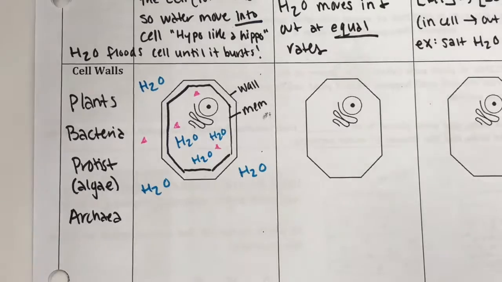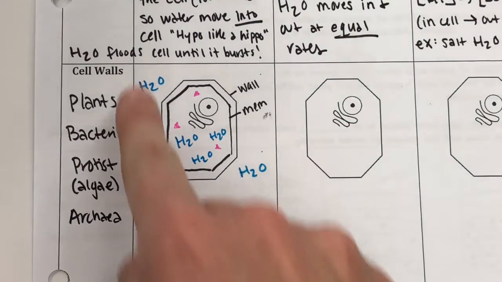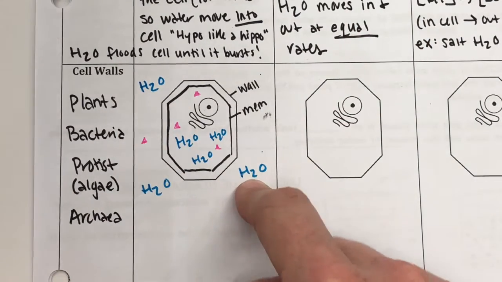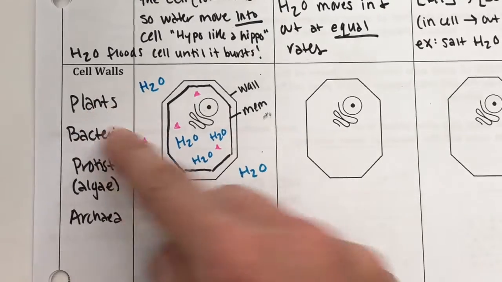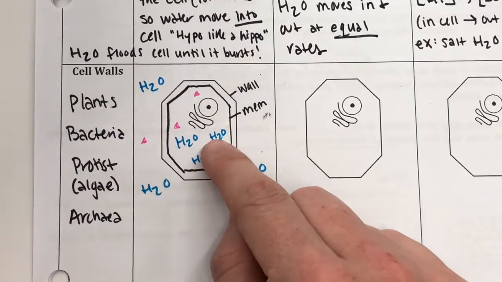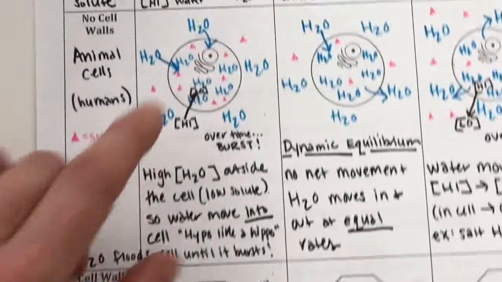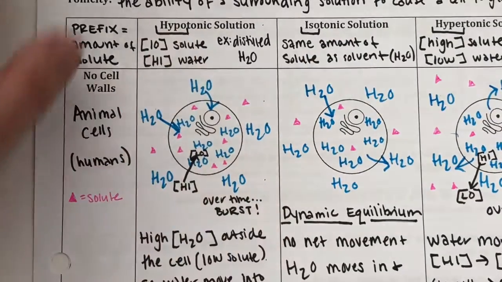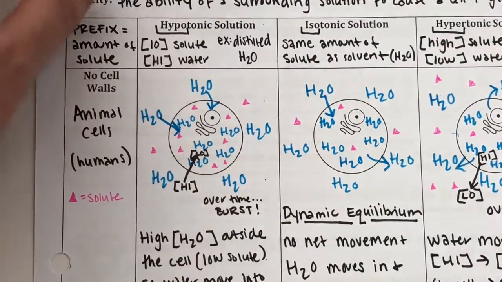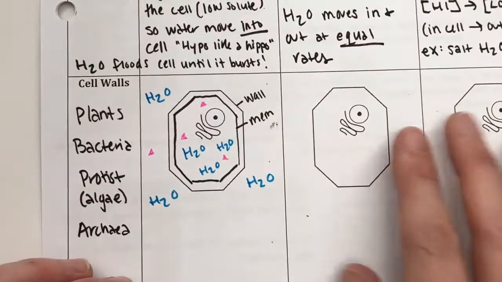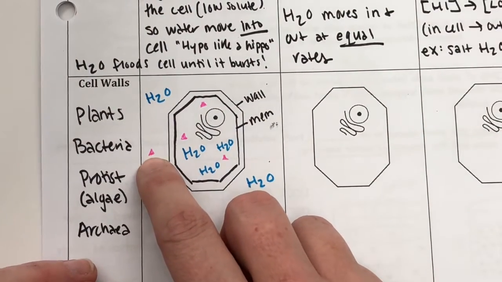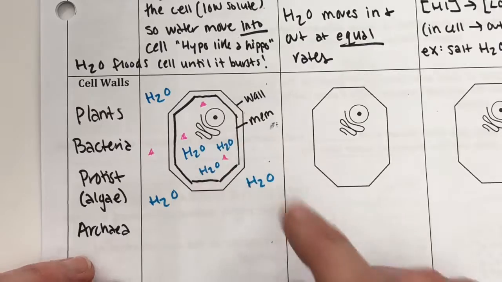And so, just to recap, what I drew are 3 water molecules on the outside of the cell. We'll just go ahead and call this a plant cell. We drew 3 waters inside. However, this is a hypotonic solution, so there's low solute in the solution that's surrounding the cell. So I only drew 1 little picture of a solute here, whereas I drew 3 on the inside.